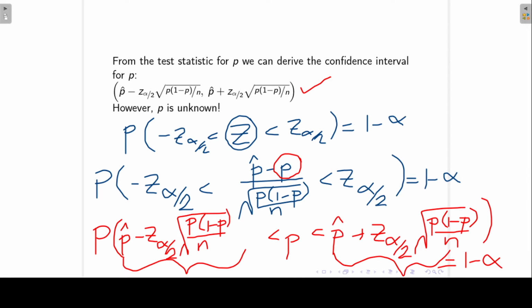Okay, but now the problem is that we are setting up a confidence interval for P, but in this formula we have P. So how can we set up a confidence interval for P making use of P?